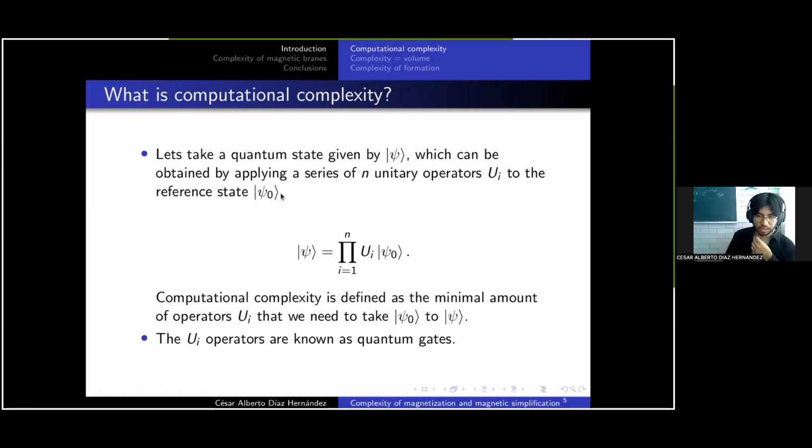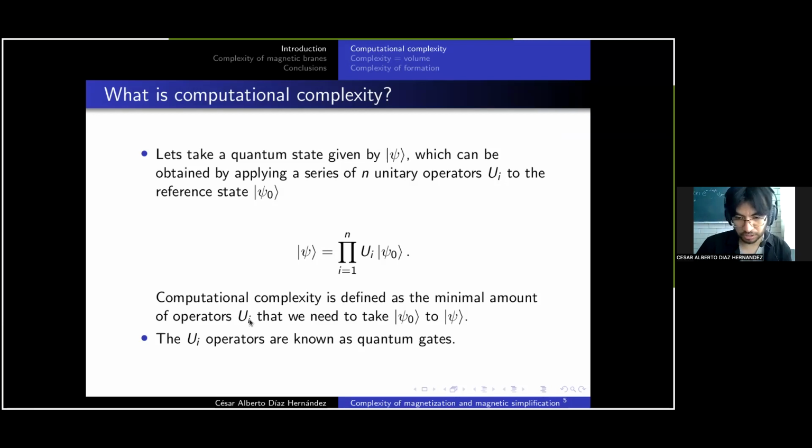You can think of this like you have a certain laboratory, you have a quantum state, and you cannot apply any transformation you want to these states because the equipment in your lab doesn't allow you to perform any operator, so you have a limited amount of operations you can perform.